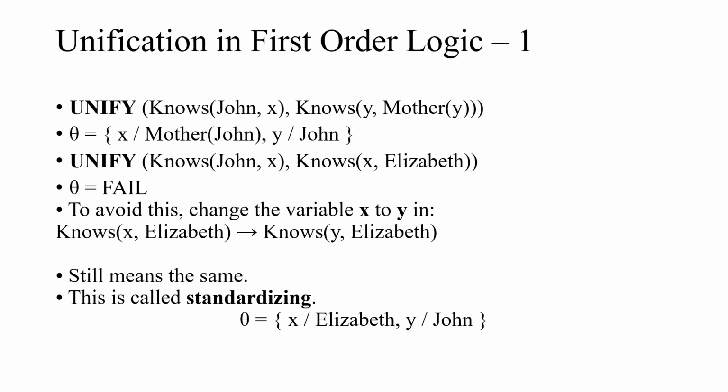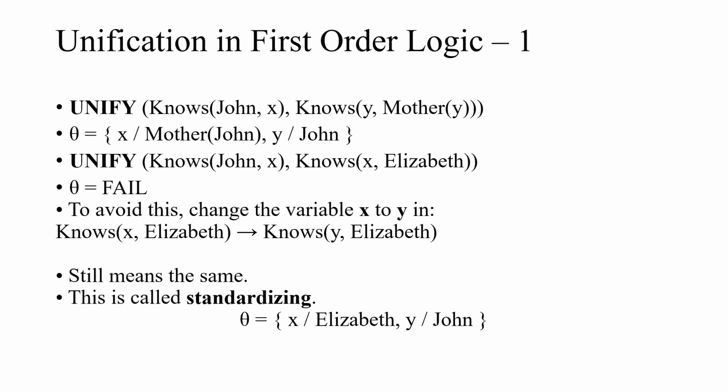How does the standardizing process work? The first one is Knows(x, ...). We already have x as a variable, so we can store the variable for Elizabeth. This implies Knows(y, Elizabeth). So here x is Elizabeth, and then we access the different name with a different variable, so the same name is happening here.